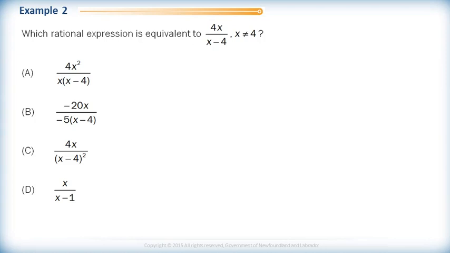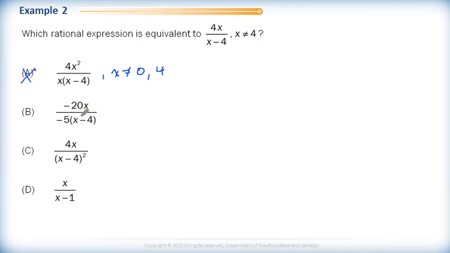Example 2, which rational expression is equivalent to 4x over x minus 4, where x is not equal to 4? So we've got to find one that has only x not equal to 4 as a restriction. Well, here, x cannot be 0 or 4 for the non-permissible values, so that one's ruled out.